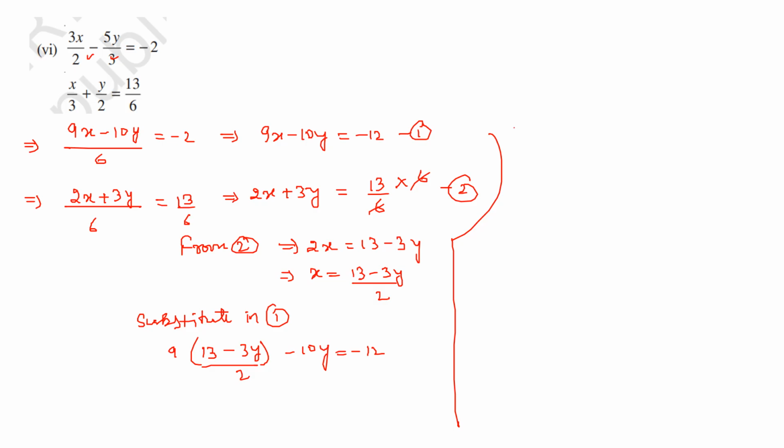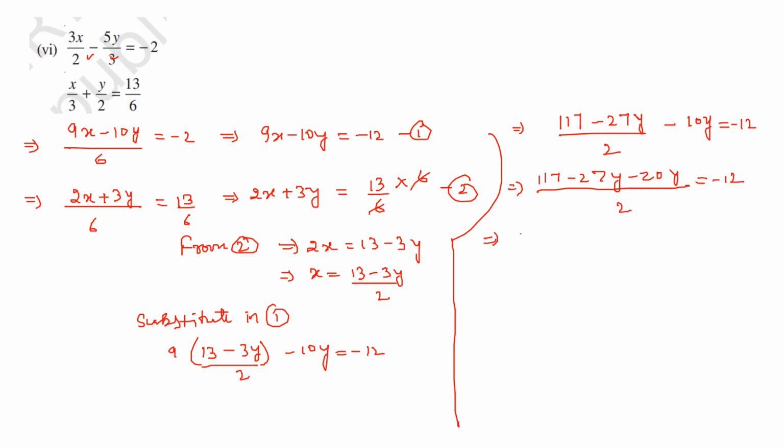So 9 into 13 gives 117 minus 27y divided by 2 minus 10y equal to minus 12. Now take the LCM as 2. So it will be 117 minus 27y minus 20y whole divided by 2 equal to minus 12.